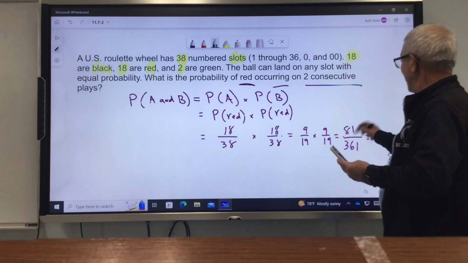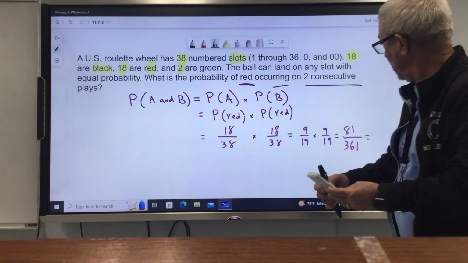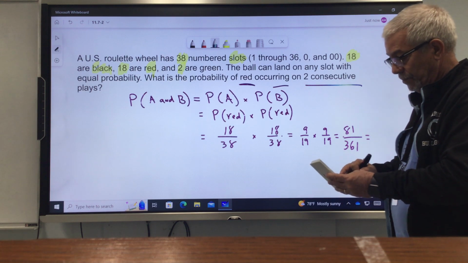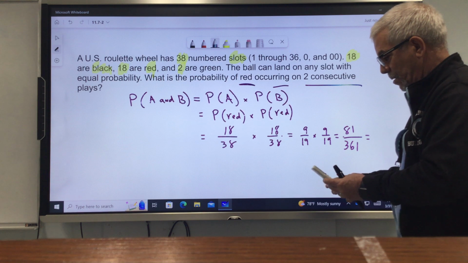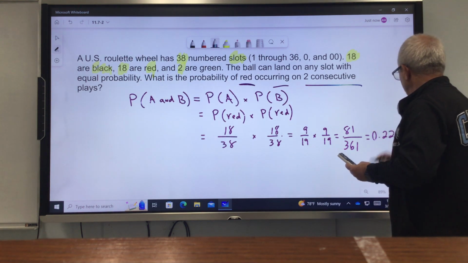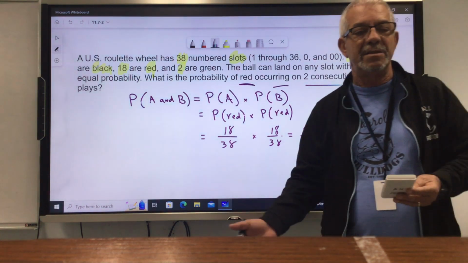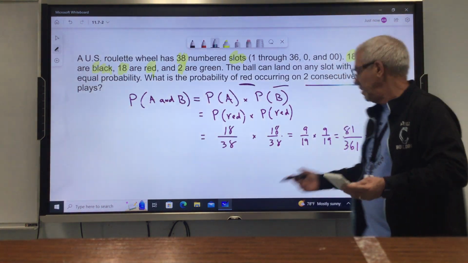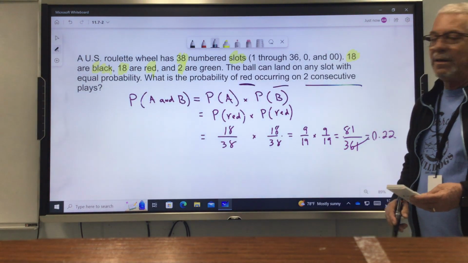If they wanted a fraction we would leave it, but they want a decimal, so you divide 81 by 361 and that is 0.22. It depends how they want the answer, with 2 decimal places or 3. In this case, I give the answer with 2 decimal places.